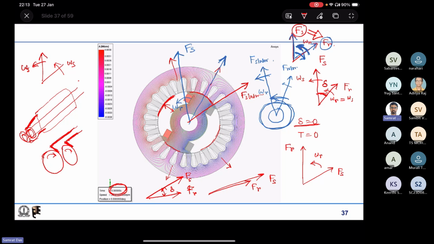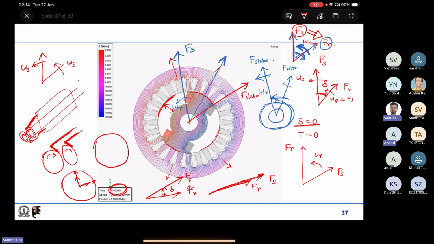When delta is 0, they are together, like collinear vectors, running together, so there is no angular displacement between them. On the circle, at any instant if Fs is here, Fr is also here; at another instant, Fs is here, Fr is also there. So both are running at the same speed, and there is no torque production in that case.